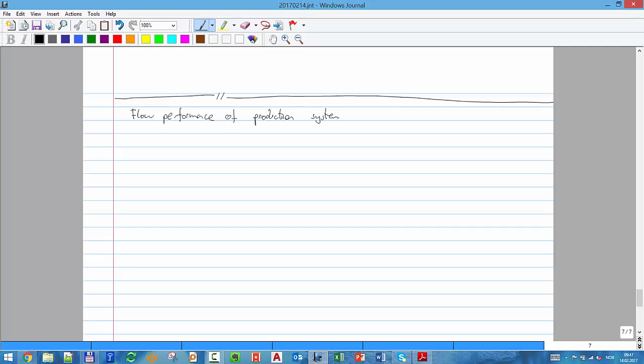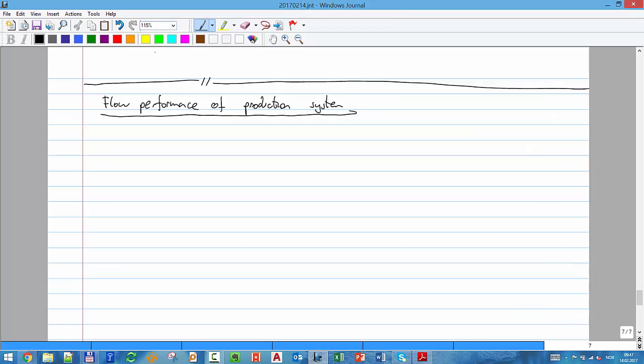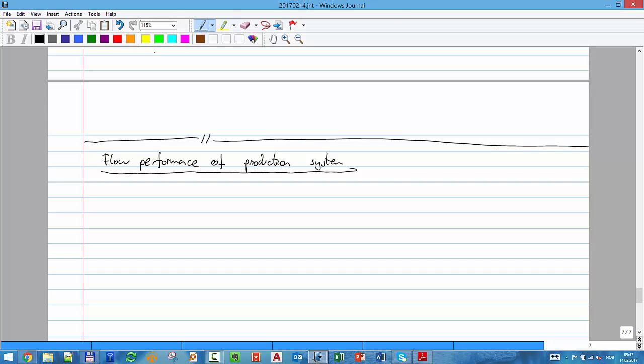Now let's go to a completely different topic, which is the flow performance of the production system. So why is it important to try to characterize it?